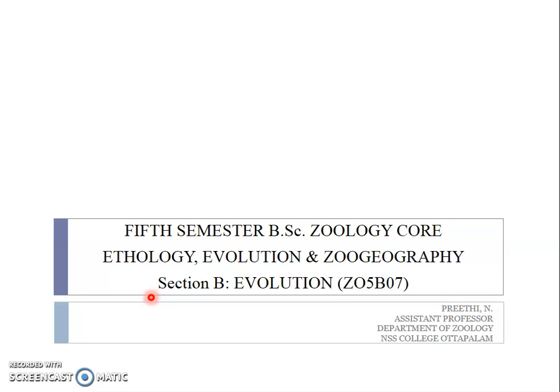Then with regard to posture, it is somewhat bending or semi-erect in apes, while it is erect in humans. And tool use is limited in apes, with usually no manufacture of tools, but extensive use and manufacture of tools can be found along the evolution of humans.